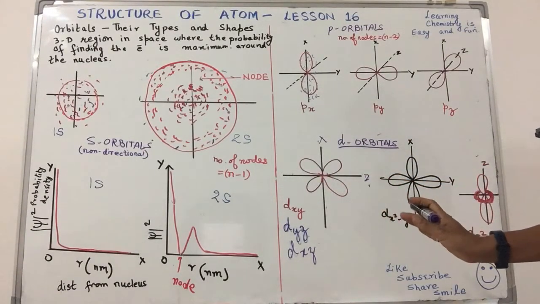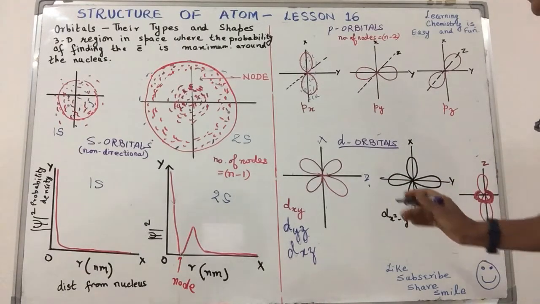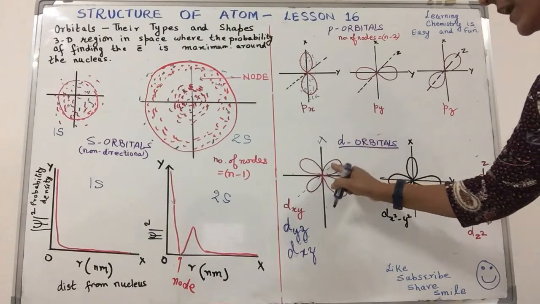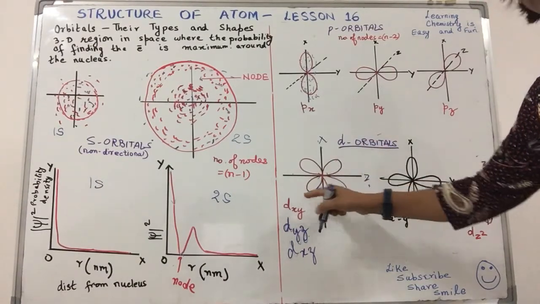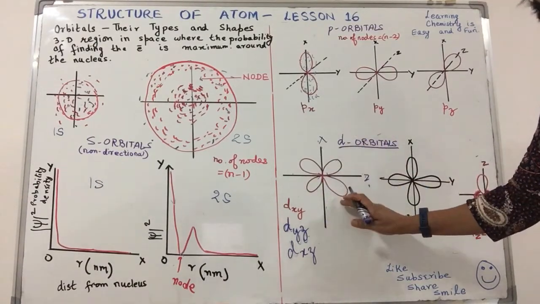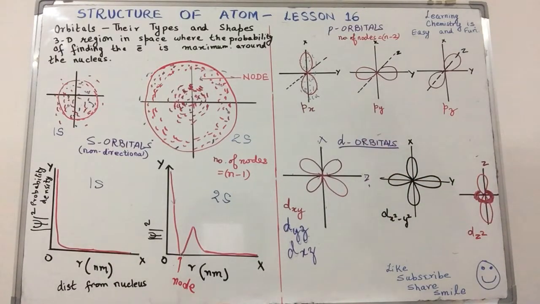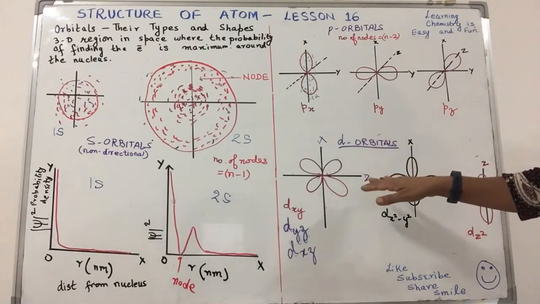So don't get confused. It is very, very simple. I am not representing the third axis, so as not to confuse you. In the books, you will definitely find the third axis drawn. Don't get confused at this point of time.